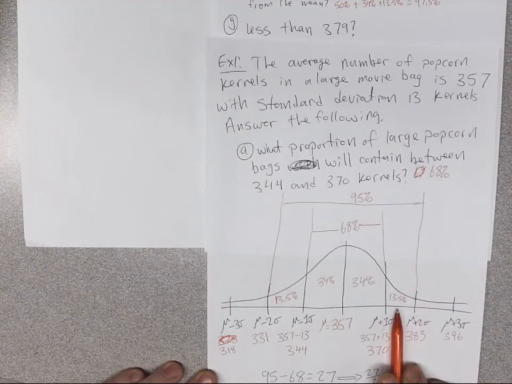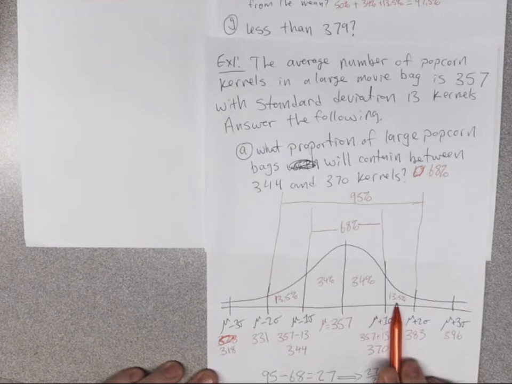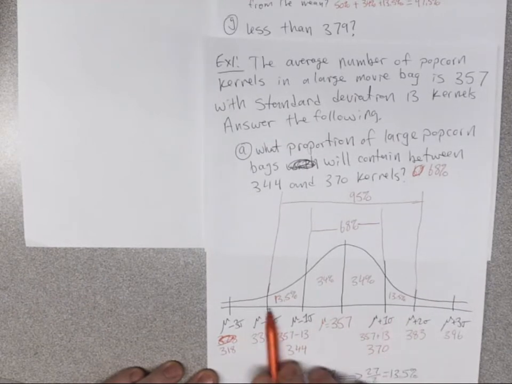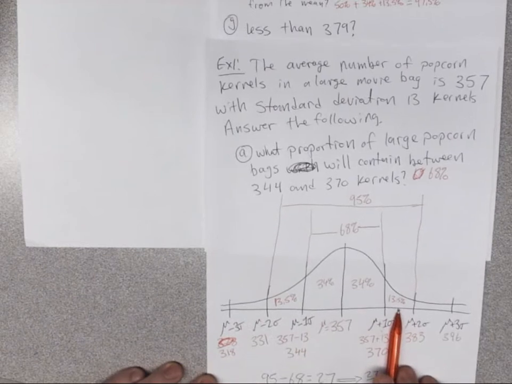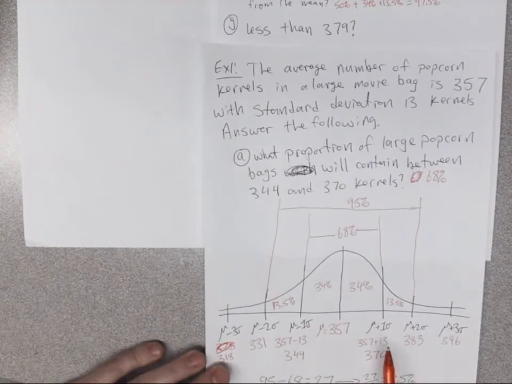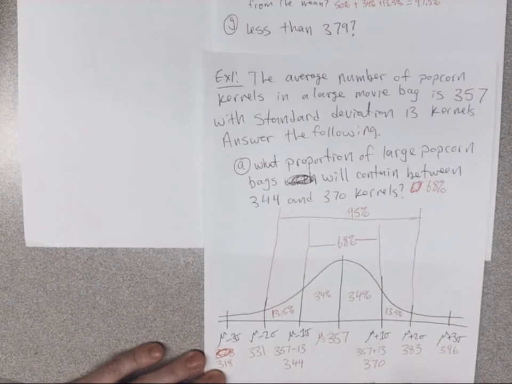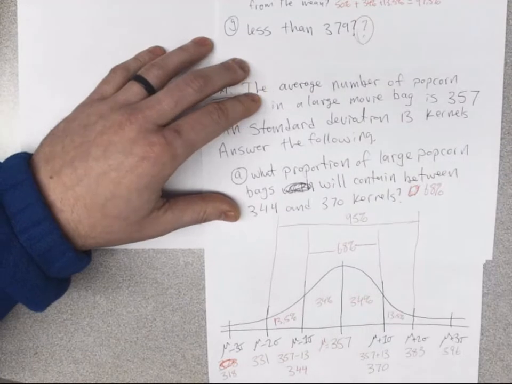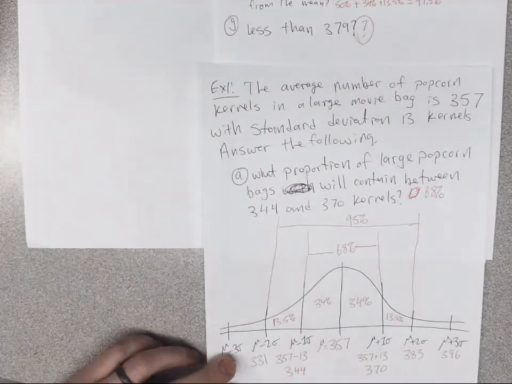I don't know where it lies in here, and I don't know exactly how much all this is going to be now, because it's not exactly one of our standard deviations, plus or minus 1, plus or minus 2, or plus or minus 3. So to answer this, I'm just going to leave a big question mark. And this is where z-score comes into play.